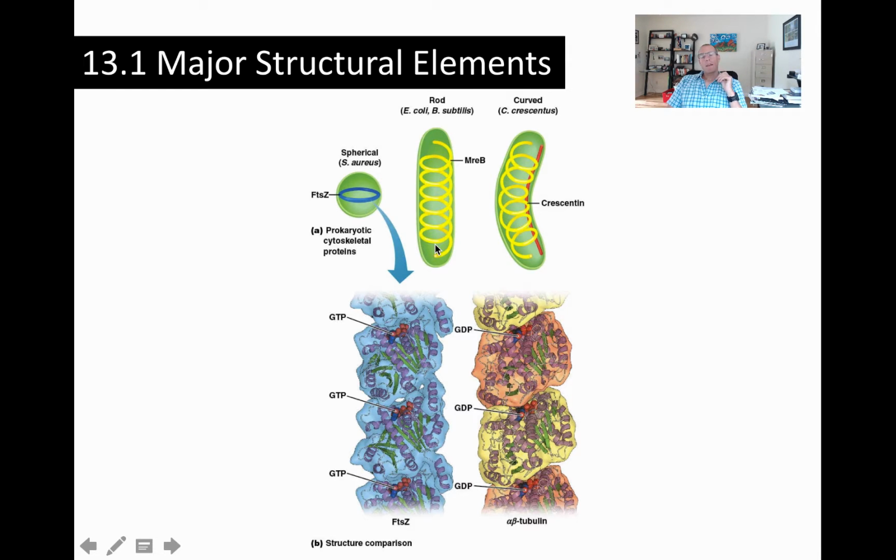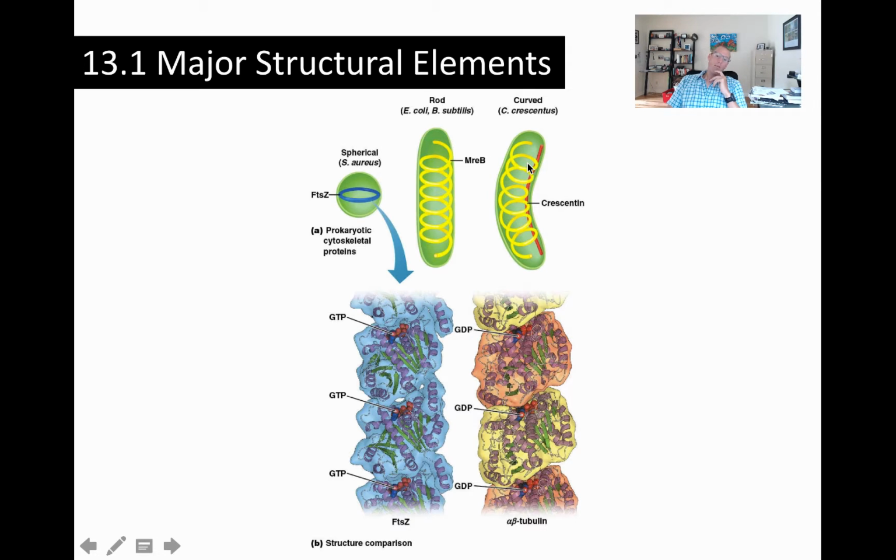So there's some structural analogy there between FtsZ and its polymer and alpha beta tubulin and its polymer. MreB is a protein that is most similar to actin, and that's often involved in DNA segregation and determining cell shape, and that's often what gives you this rod-like structure that you commonly see in organisms like E. coli. And then there's a particularly neat molecule called crescentin that you find in curved bacteria like Caulobacter crescentus, and that's deposited in such a way as to cause growth in a curved manner.